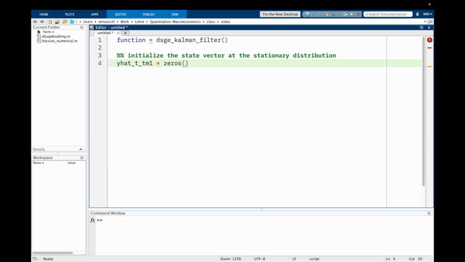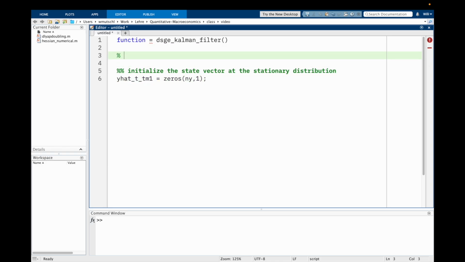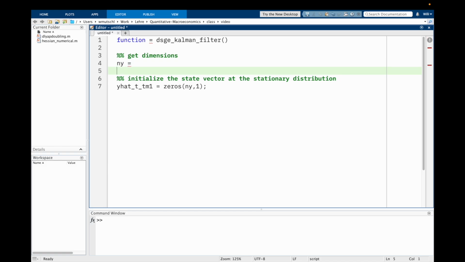And we know that since this is in deviation from steady state, this is just a bunch of zeros and number of elements in y. So I guess at some point I also need to get dimensions. Okay, so I need to get somewhere ny.